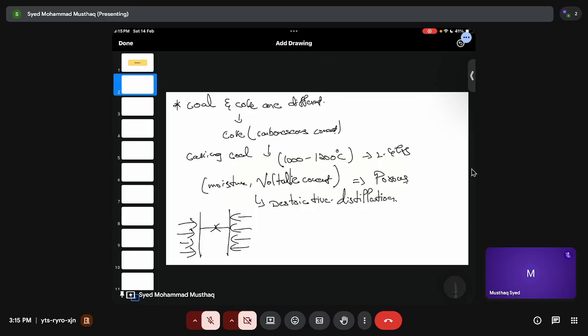Now the next thing we need to understand is where this is actually being used. It is mostly used in the blast furnace, because you deliver both your iron ore and coke.